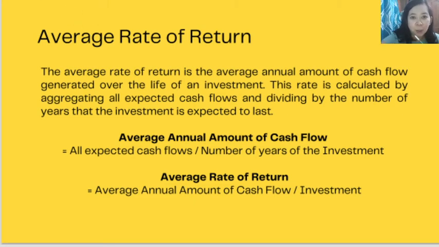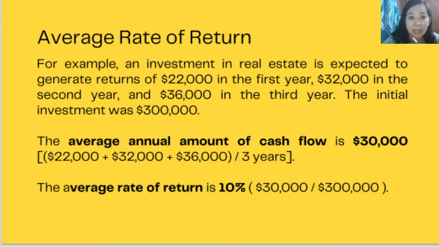Okay, so to understand better, let us take this example. We have here an investment in real estate. It is expected to generate the following returns or expected cash inflows. For the first year, the entity is expecting to receive $22,000.